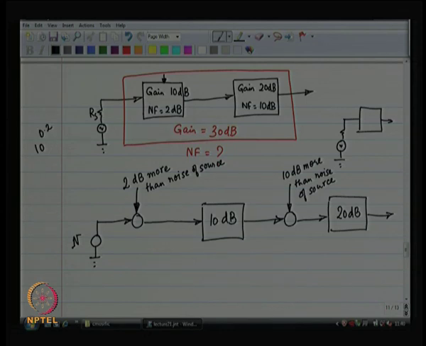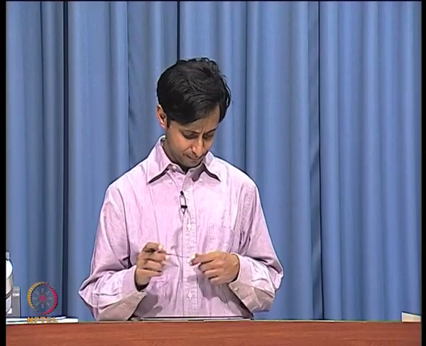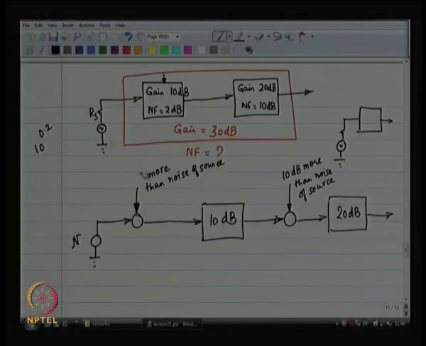Any ideas how much this is? This will be about a factor of 1.5. Every dB is a factor of 1.25 or so.